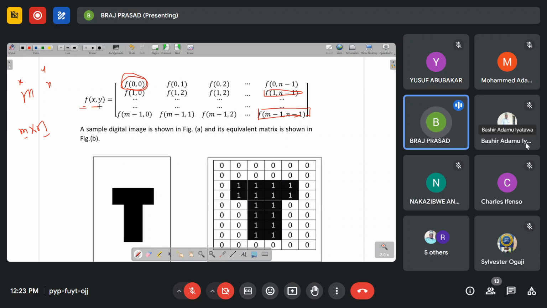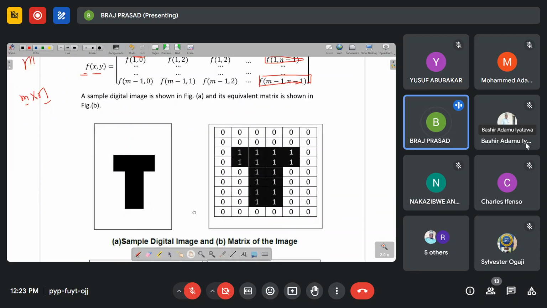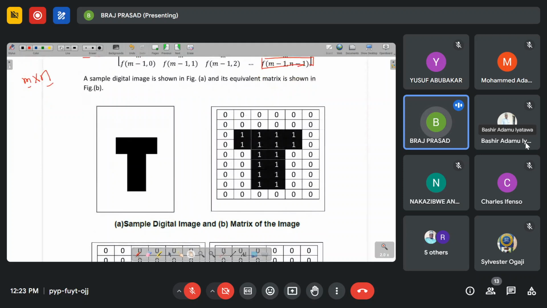And this image has two different things: first, the amplitude, and its brightness or intensity. Suppose I have taken this example: this is our T, and suppose this T is an object placed in a system that has a number of rows and columns.